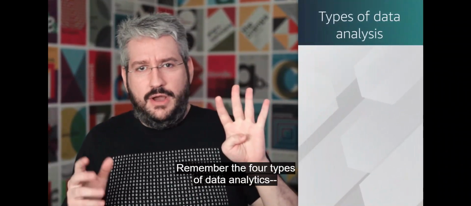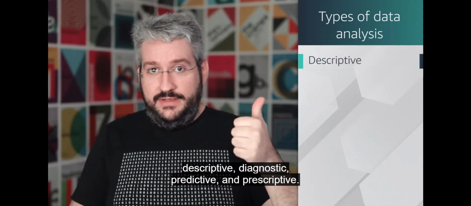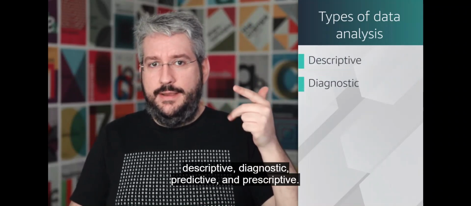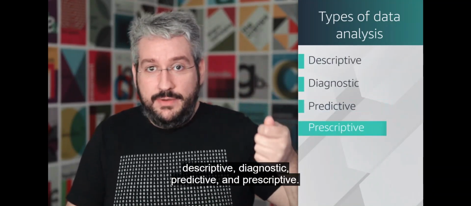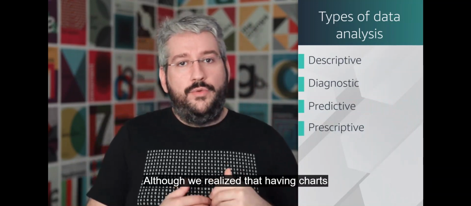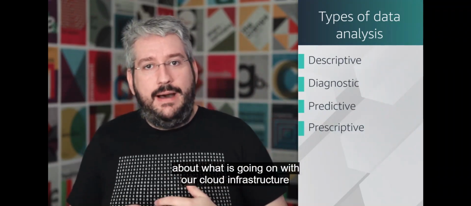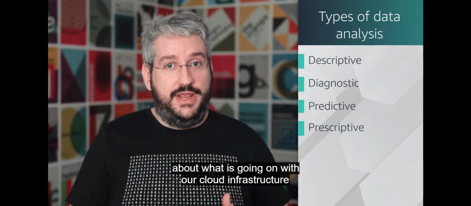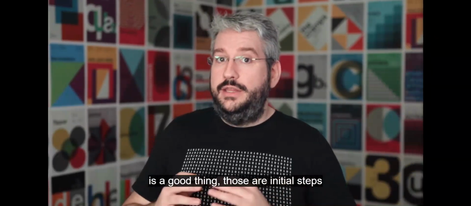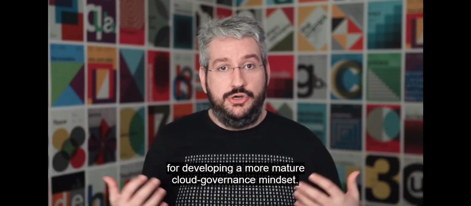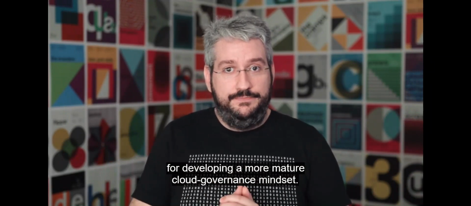Remember the 4 types of data analytics: descriptive, diagnostic, predictive, and prescriptive. Although we realized that having charts about what is going on with your cloud infrastructure is a good thing, those are initial steps for developing a more mature cloud governance mindset.